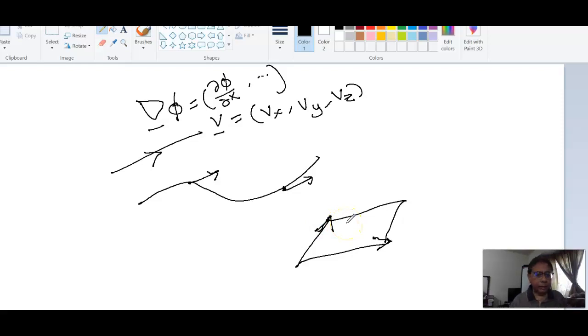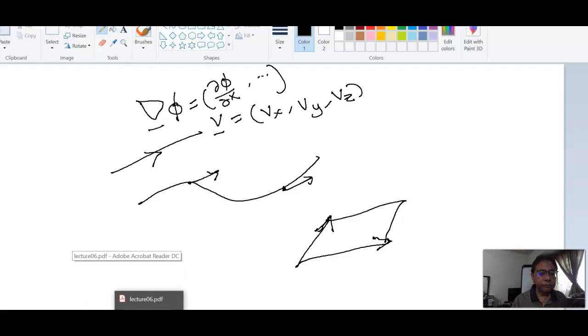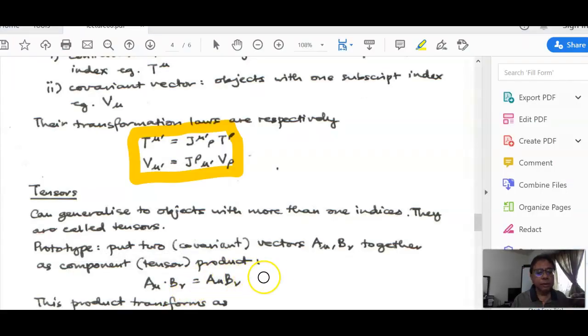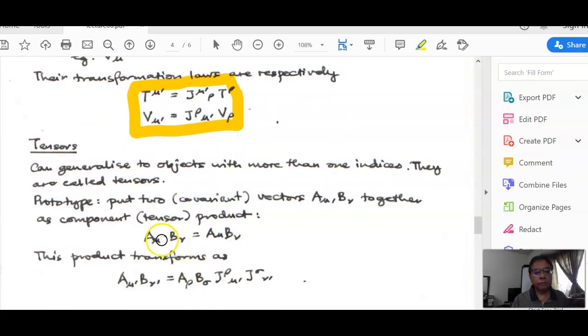You can define this at all points in the space. These two vectors defined on this space are essentially the tensor product of two covariant vectors, as an example.